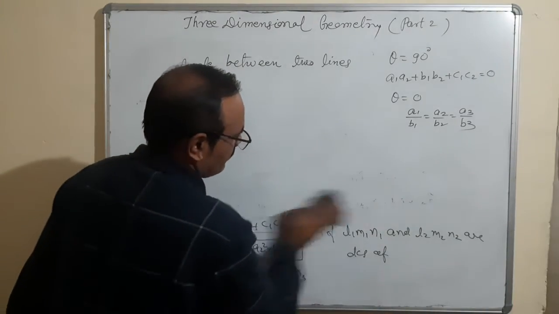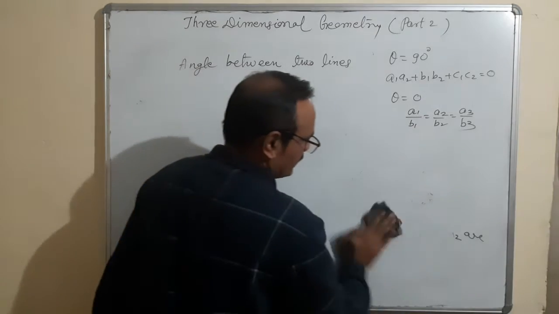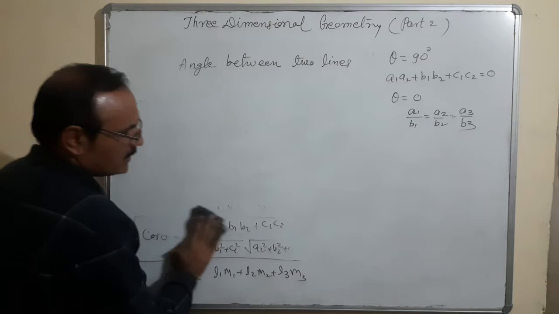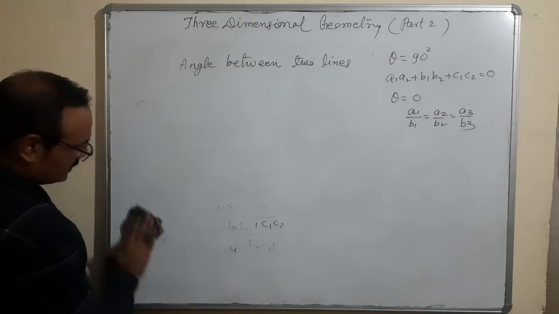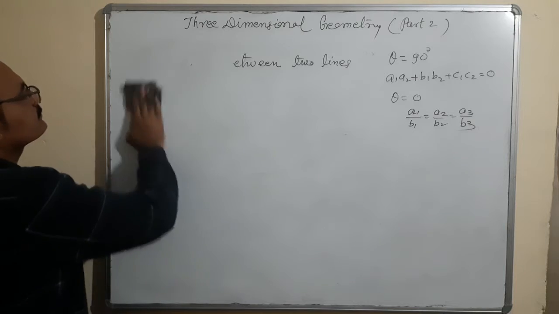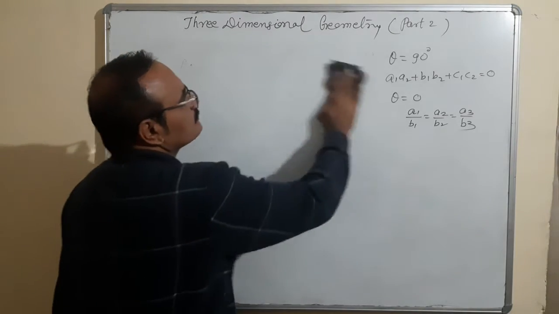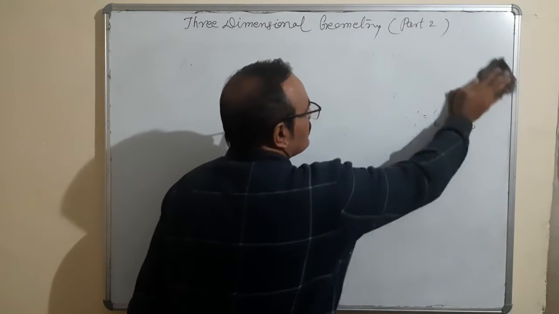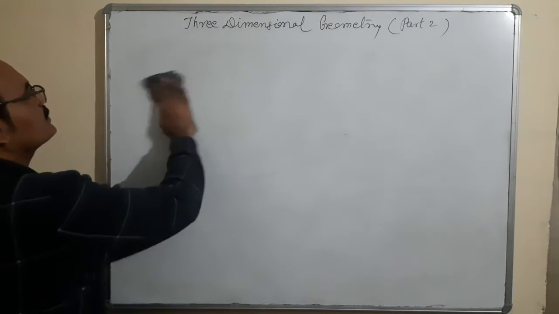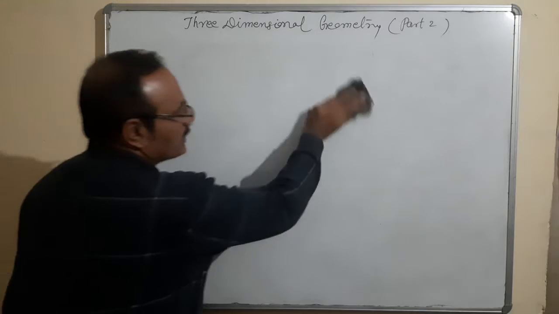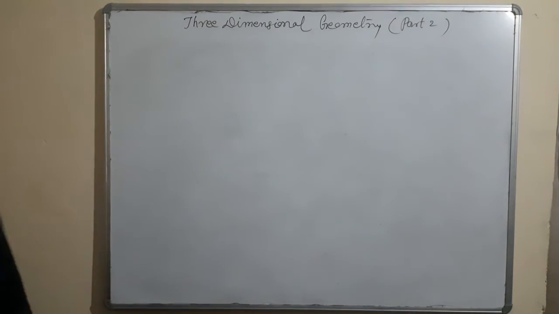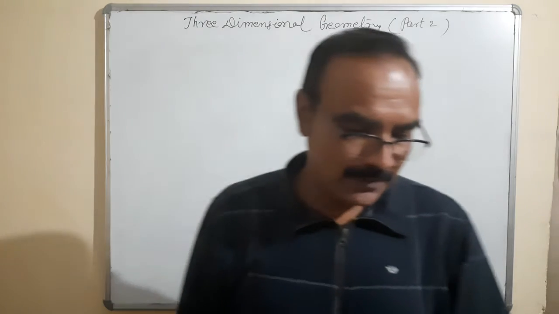But it is not in the syllabus, it is not required in the question, so we are not discussing that point. So remember, for the angle between two lines, when theta is 0 what is the condition, and when theta is 90 what is the condition? Is it okay? These are all the things I have discussed.